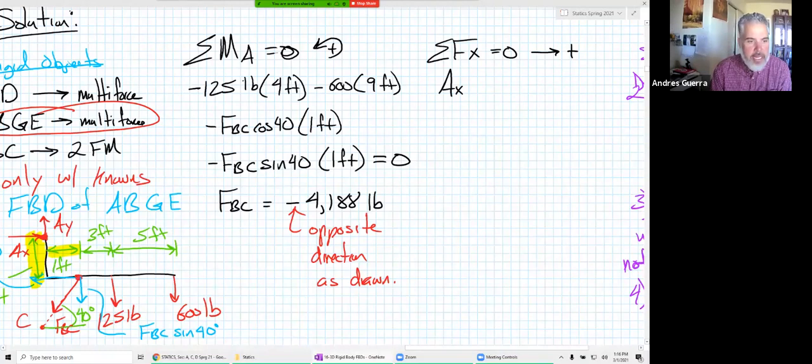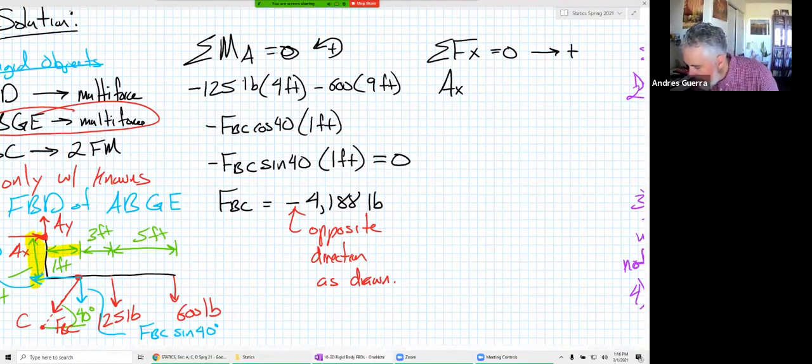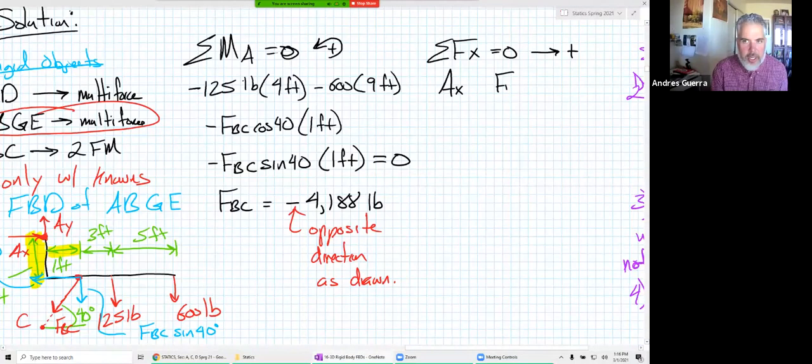My FBC, the way it's drawn in my FBD, is that going to be a negative or a positive there? Eilish, what do you think? Negative or positive for my x component of FBC, which is FBC times the cosine of 40? Would it be negative? Based on my picture, absolutely, it would be a negative right there. So minus FBC cosine of 40, that's everything in the x direction. So I just say, well, that has to be equal to 0.